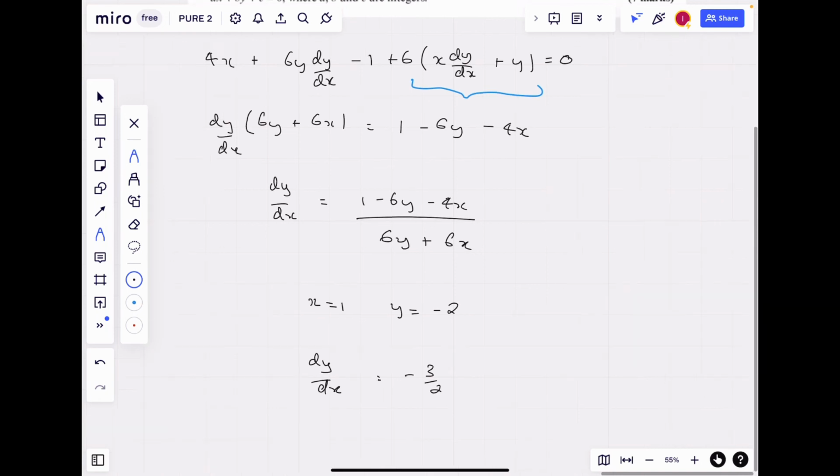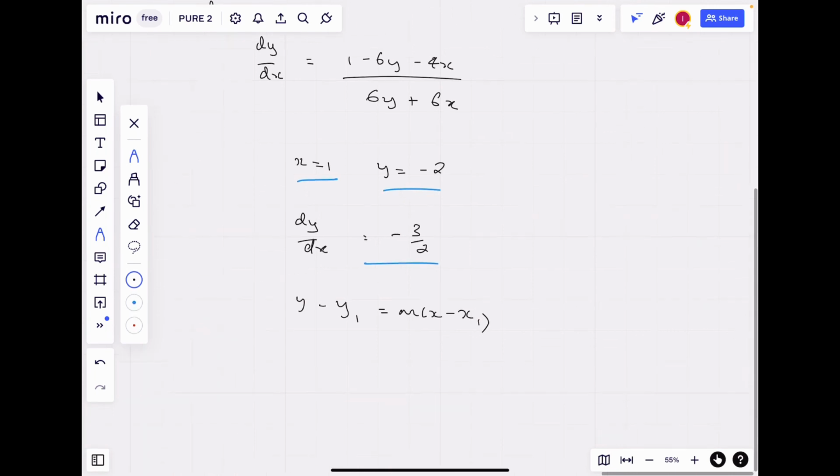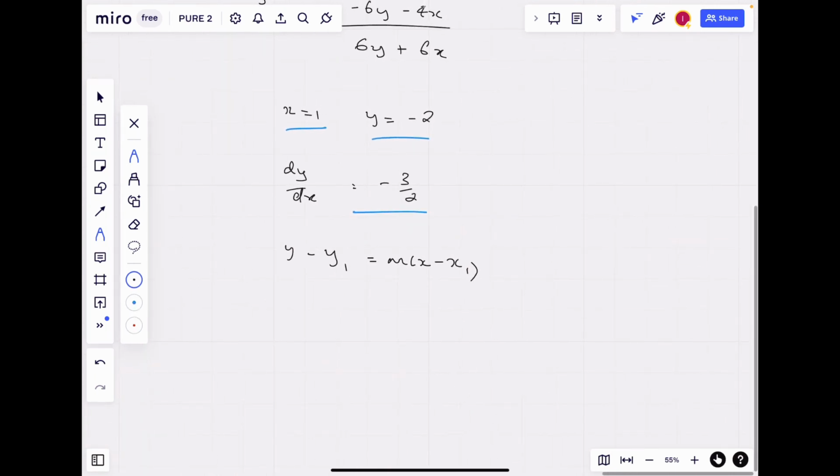So when you have the coordinates 1 and minus 2, you're going to do y minus y1 equals m(x minus x1), where this is your x1, this is your y1, that's your m. So at the very end, you should have 3x plus 2y plus 1 equals 0. Done. Implicit differentiation.